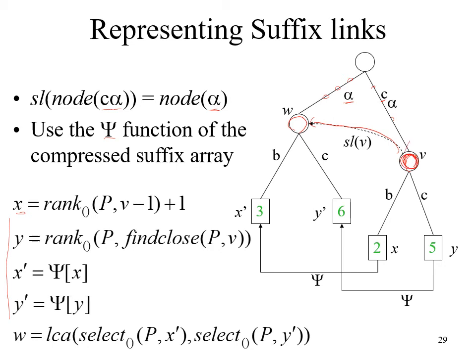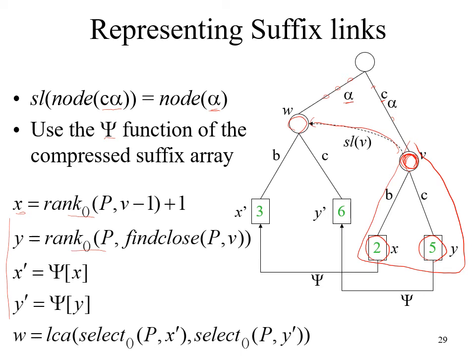In the subtree rooted at v, we compute the leftmost leaf and rightmost leaf. The leftmost leaf x is computed by this, and the rightmost leaf is computed by this. I already explained how to compute the rightmost and leftmost leaves.